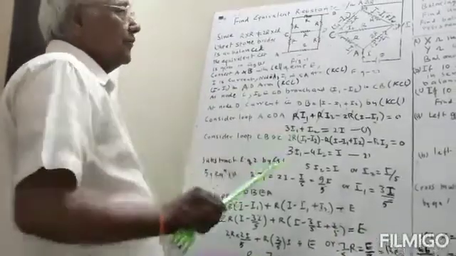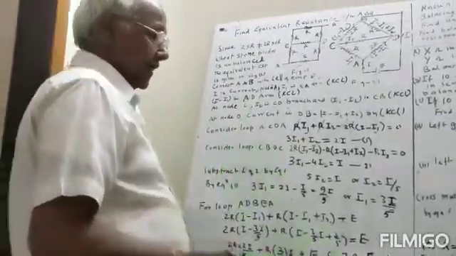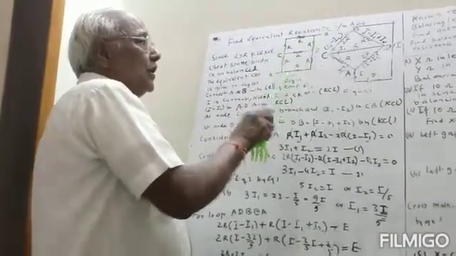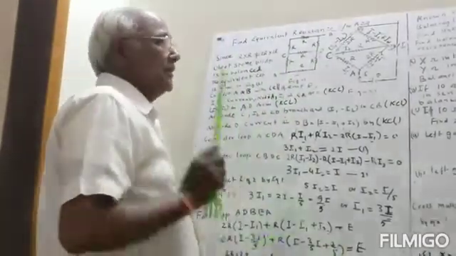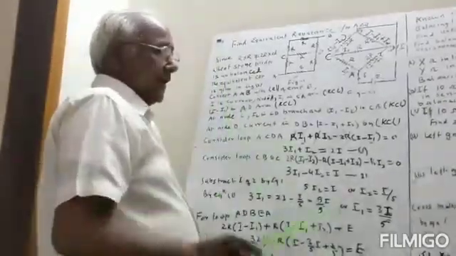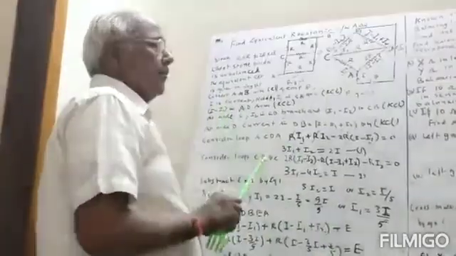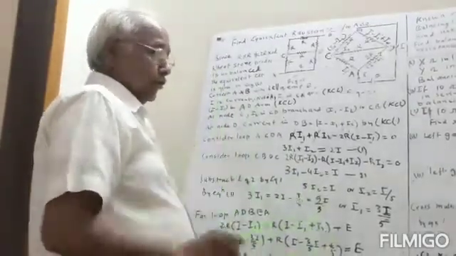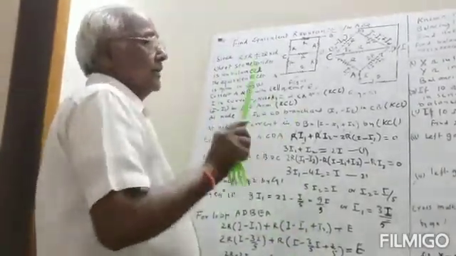So in this way we can find the equivalent resistance between A and B, although it is not a balanced Wheatstone bridge. We use KCL, Kirchhoff's current law, and KVL, Kirchhoff's voltage law, to solve this problem.